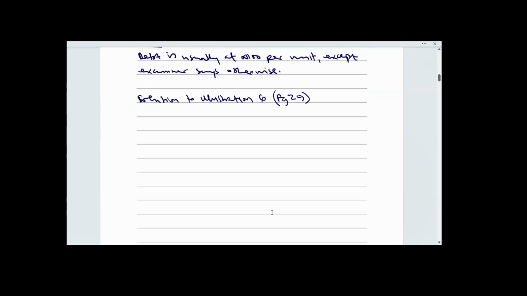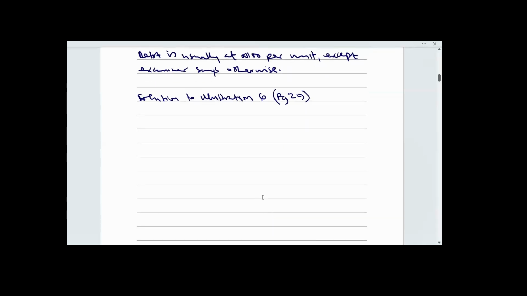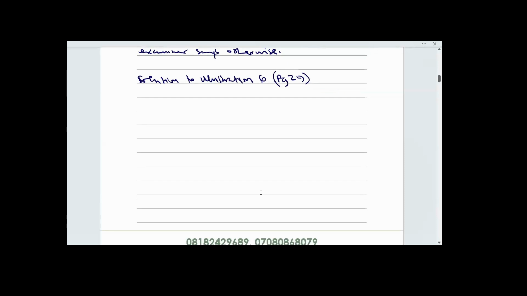You are asked to calculate cost of debenture. Aberdeen PLC, calculating cost of irredeemable debenture. We have identified from the question that this is not a redeemable debenture, so it is irredeemable.